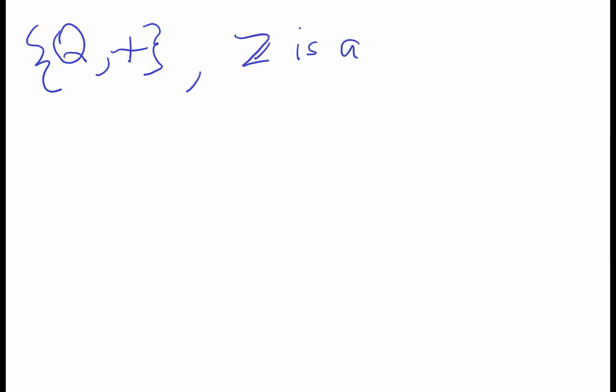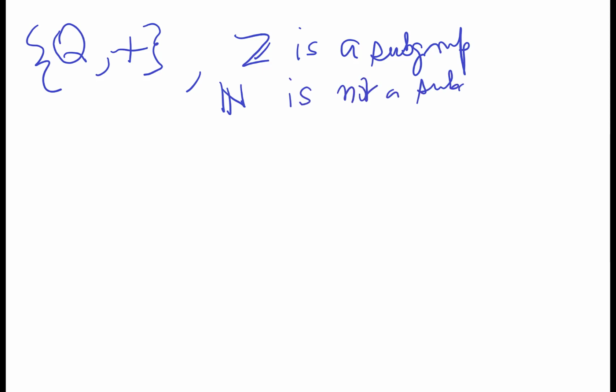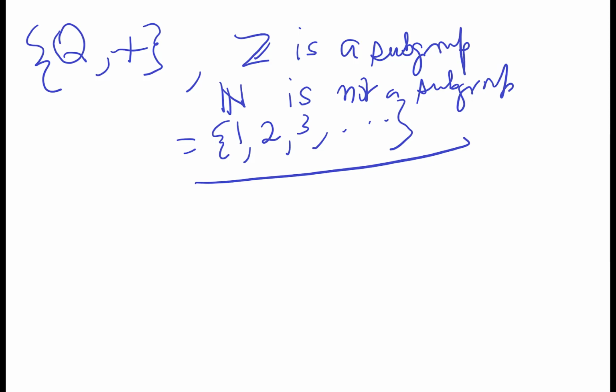So now you saw that if we take Q, the group of rational numbers with respect to addition, Z is a subgroup, right? Because it satisfies all the properties. But N, the set of natural numbers, is not a subgroup because, in the way we are taking the set of natural numbers in our book, we are treating only the positive counting numerals as natural numbers.